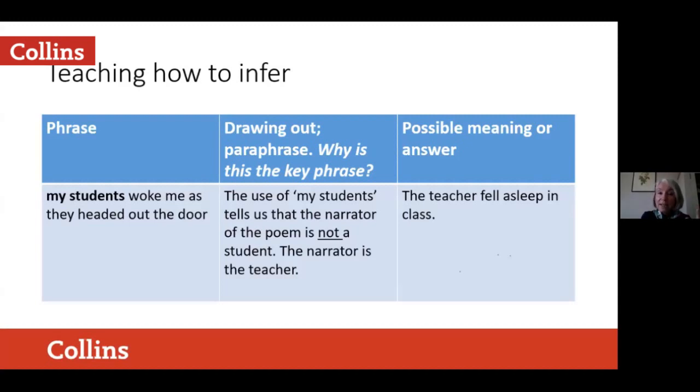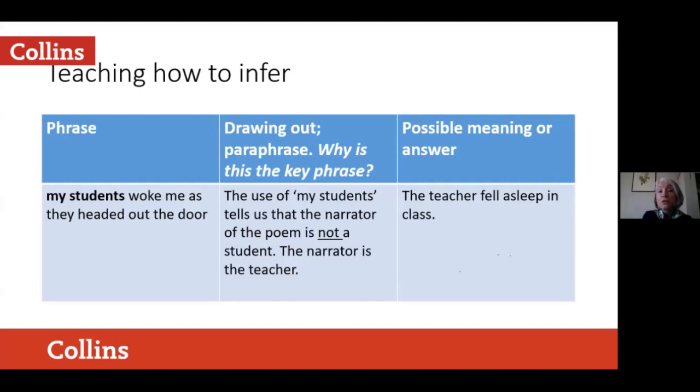This is the phrase that allows us to infer that it is the teacher who fell asleep. The use of my students. If we have a group of people in a room and we have 20 of them who are students and we have me, the only person we would normally have in a classroom other than the students is the teacher.